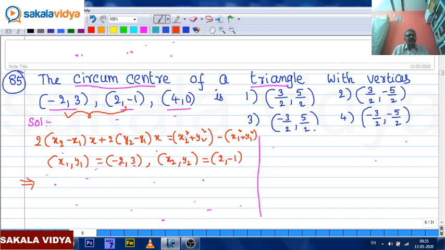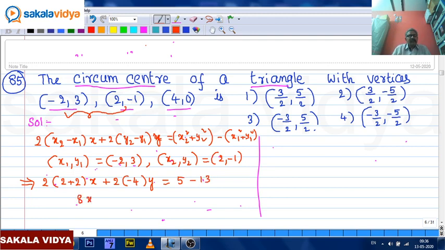Substituting in this equation, 2 into (x2 minus x1), x2 is 2, x1 is minus 2, so 2 into (2 plus 2) of x plus 2 times (y2 minus y1), minus 1 minus 3, minus 4, of y equals x2 square plus y2 square, 4 plus 1, 5, minus 4 plus 9, 13.